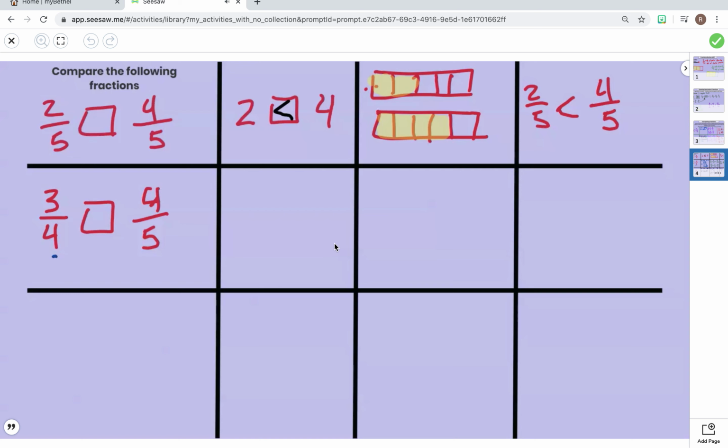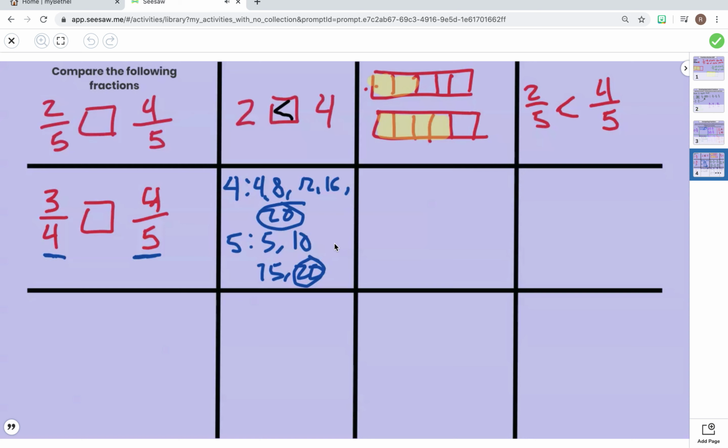So we have 4 and 5, and we're going to think about the common denominator, which we're going to use multiples to figure out. Multiples of 4 are 4, 8, 12, 16, 20, and 5 is 5, 10, 15, 20. So they have a common multiple of 20.